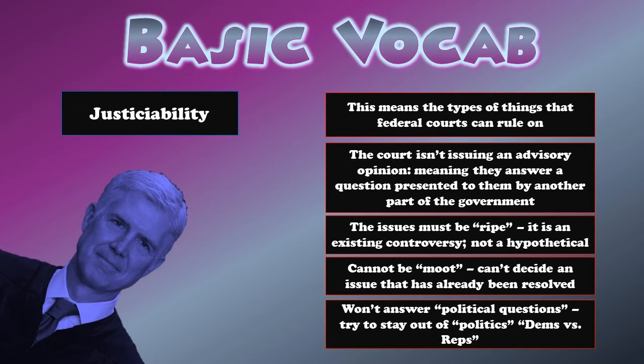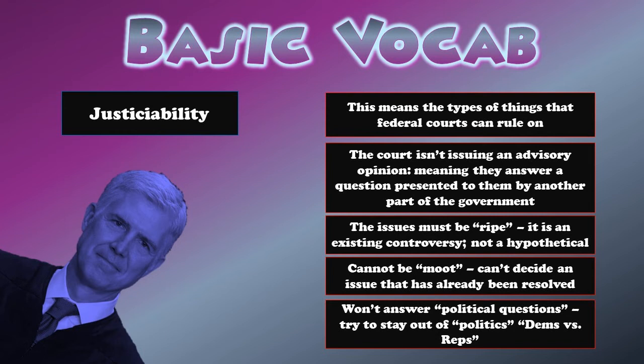So, it's tough to come up with examples here. But like if you were trying to sue, if you were a business owner and you were suing because the government forced you to close your business in March and April because of the pandemic. Well, if you want to sue them in July after they've allowed you to open your business up again, then the court's not going to answer that question because that problem solved itself.